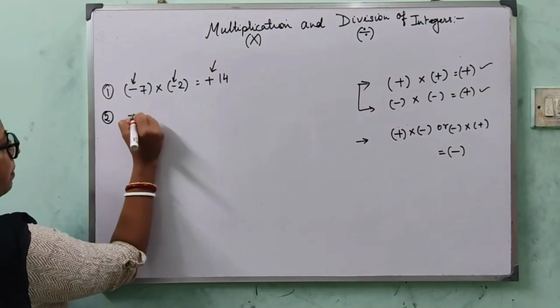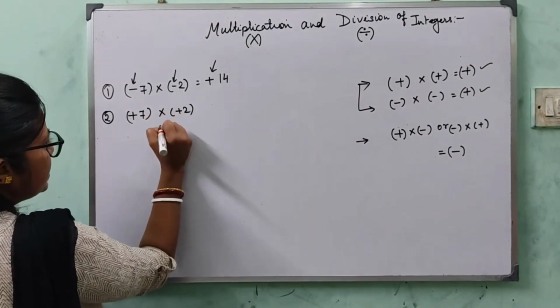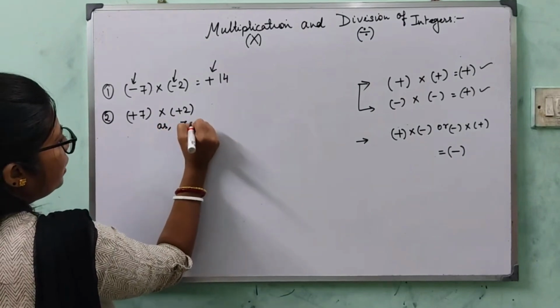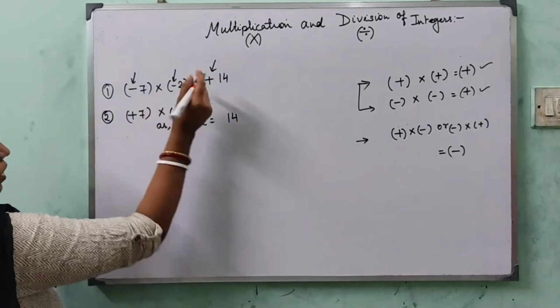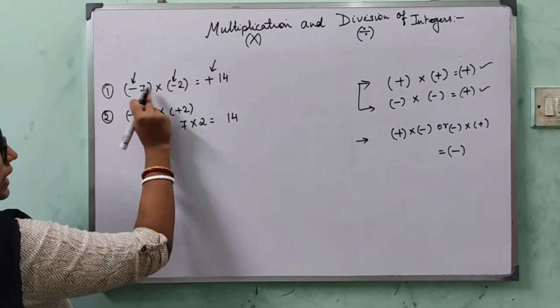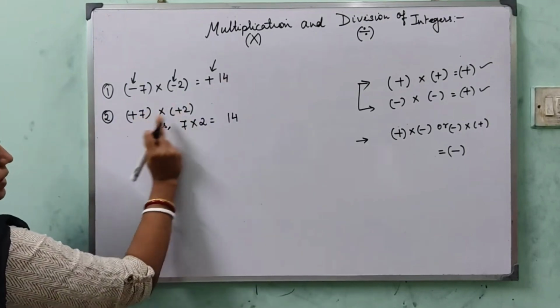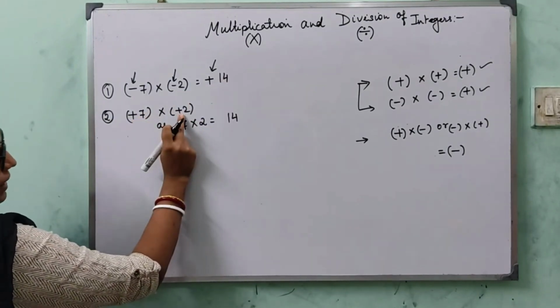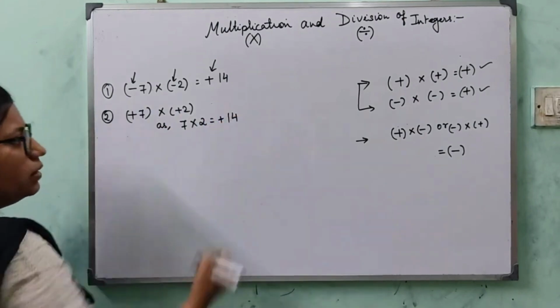If you have plus 7 into plus 2, I can write it as 7 into 2, which is equal to 14. So you can see the product of two negative numbers is a positive number. Here, the product of two positive numbers, a plus sign into a plus sign, gives a plus sign, or simply you can write 14.